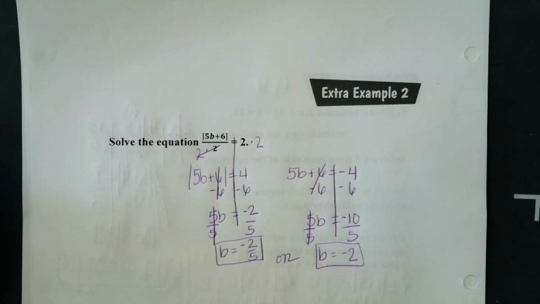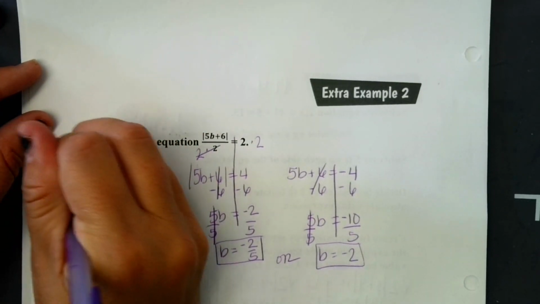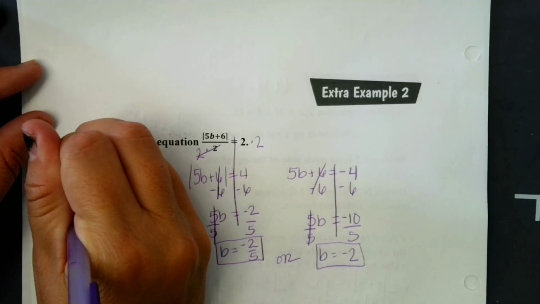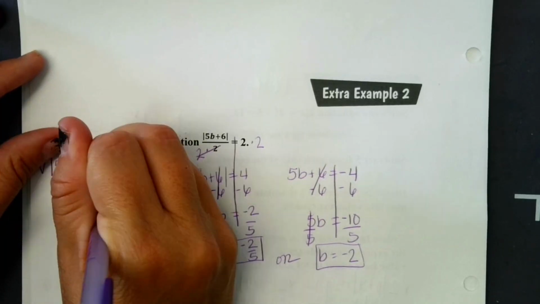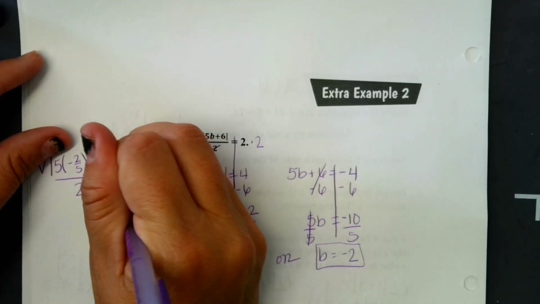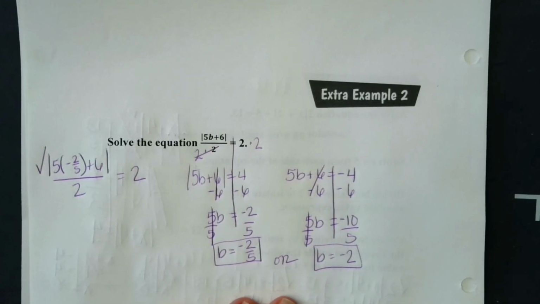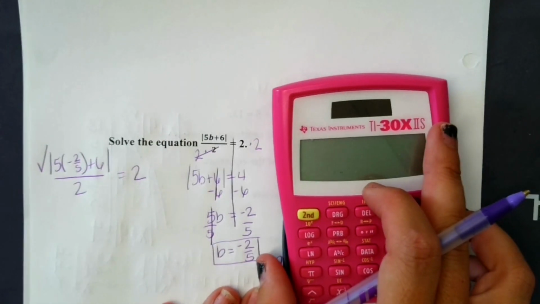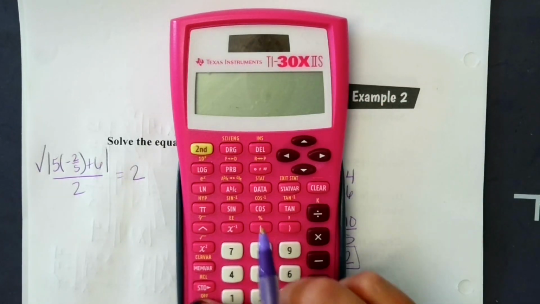Yep, still have to do check. Right now. So the absolute value of 5 times negative 2/5 plus 6 all over 2 better equal 2. Grab your calculator.